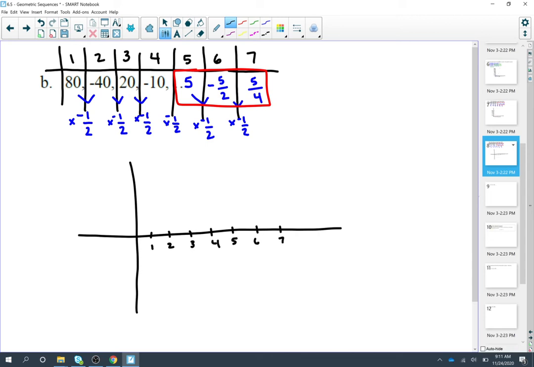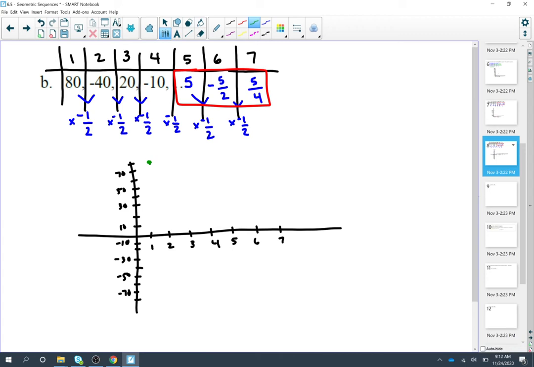Then I know this guy gets up to 80, so I might go 10, 20, 30, 40, 50, 60, 70, 80. And I'm only labeling every other one just for the sake of time.